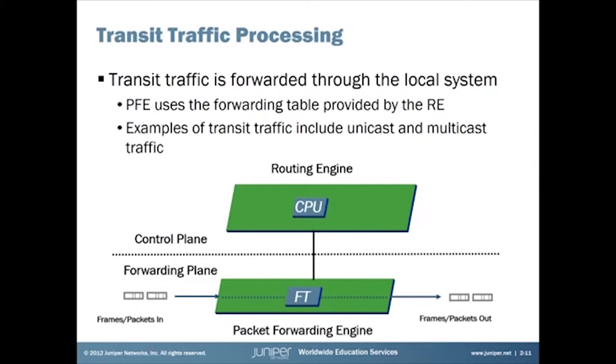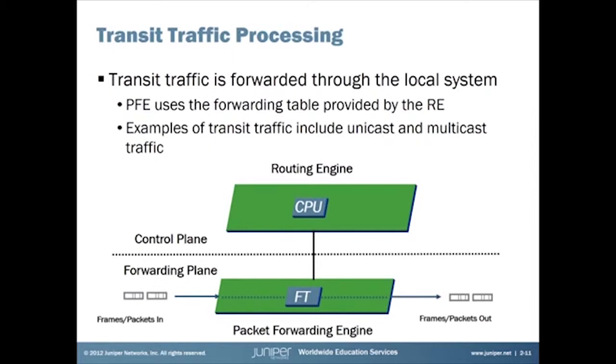We've got our routing engine there, so we've got our CPU up there. Now, transit traffic is forwarded through the local system. The packet forwarding engine uses the forwarding table provided by the routing engine, and examples of transit traffic can be unicast and multicast traffic.